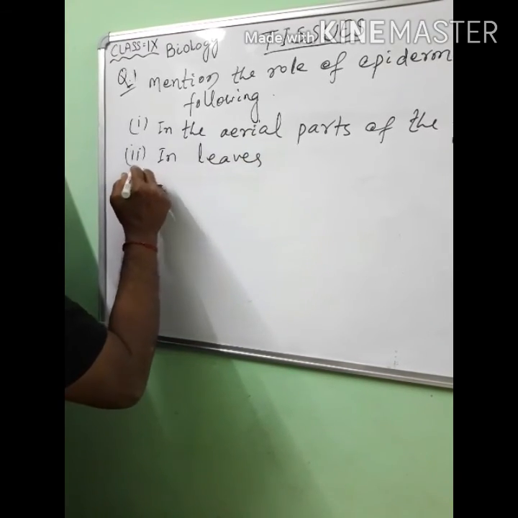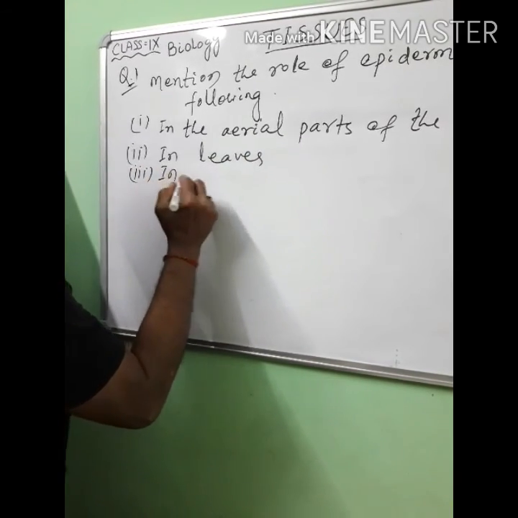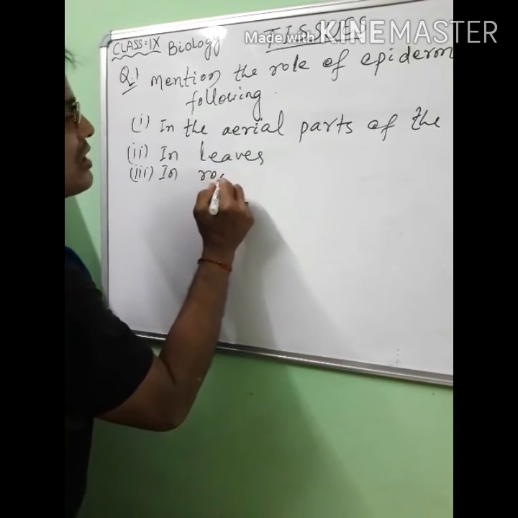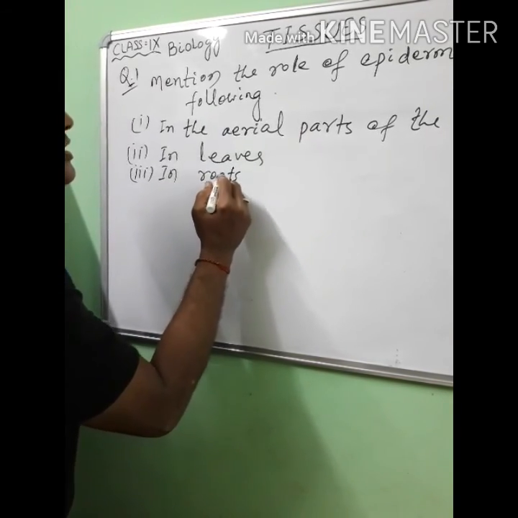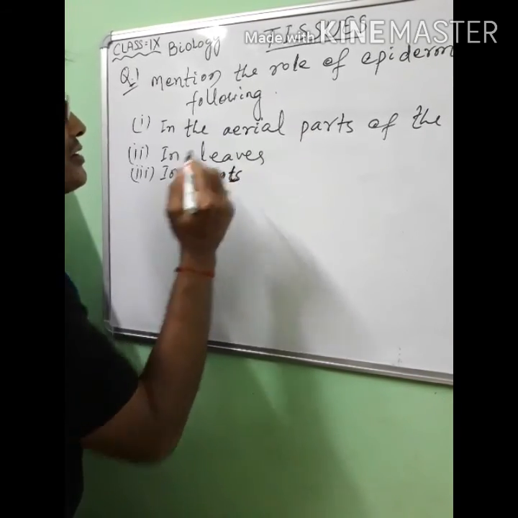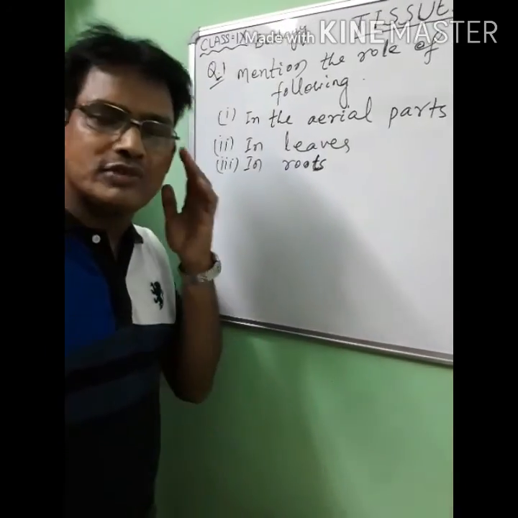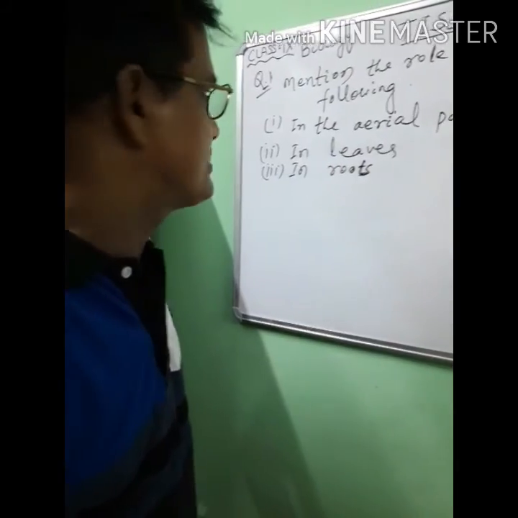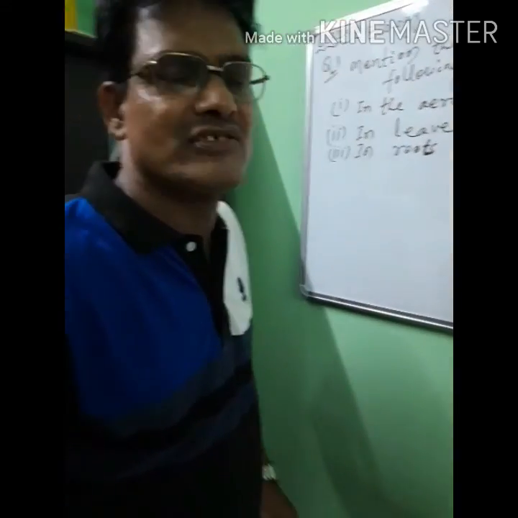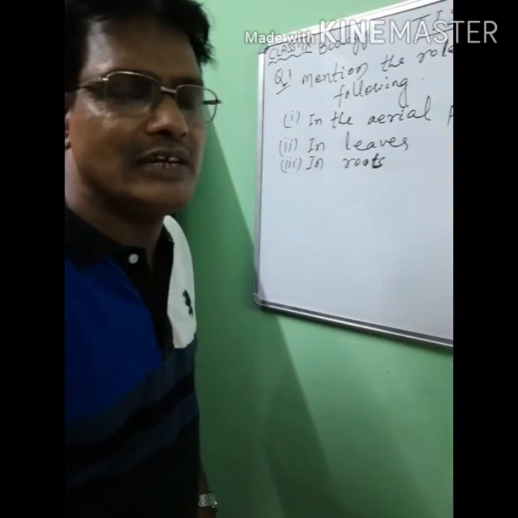Third one is in roots. So these are the roles of epidermis in the following: in the aerial parts of the plants, in leaves, in roots.